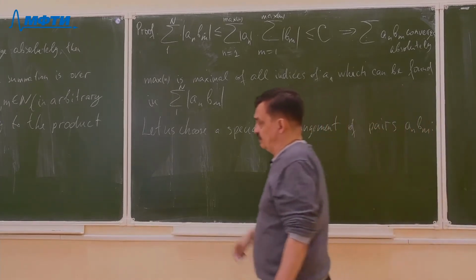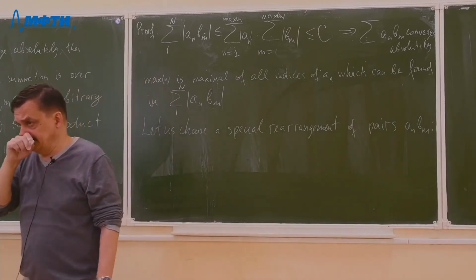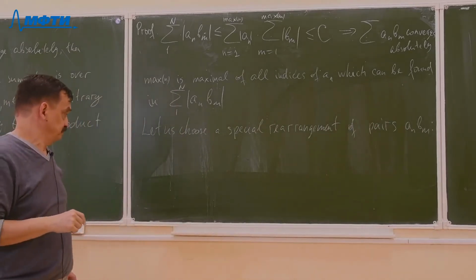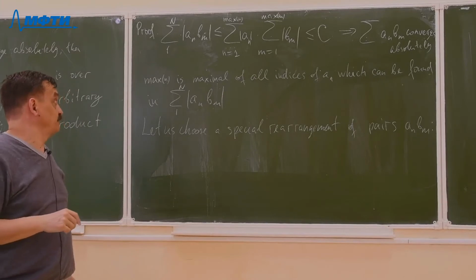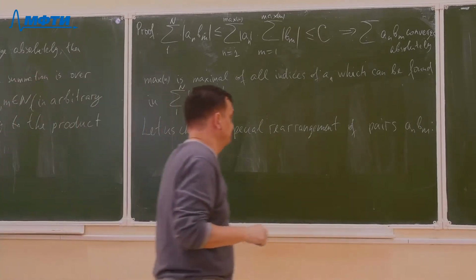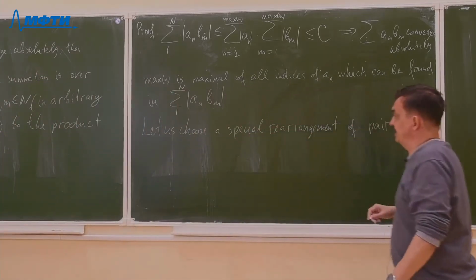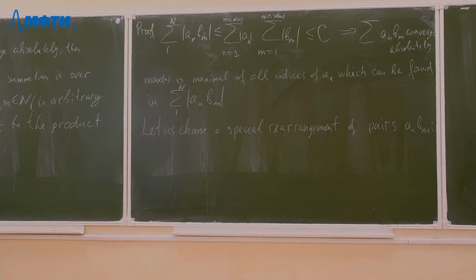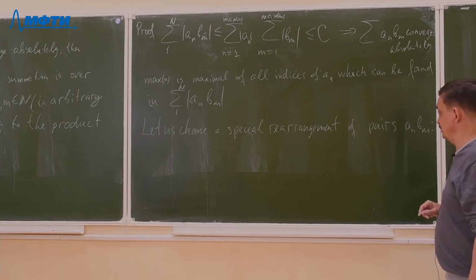So by the theorem about independence of absolutely convergent series, it doesn't matter which rearrangement to choose. For absolutely convergent series, it doesn't matter.